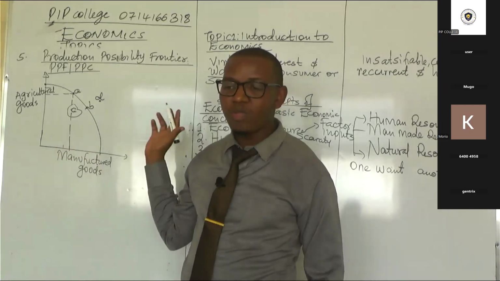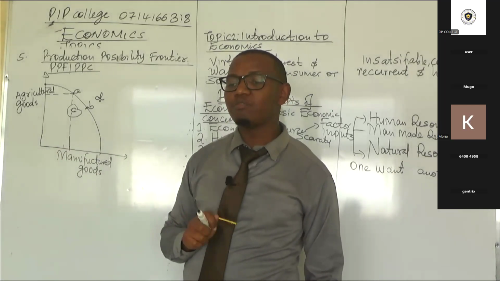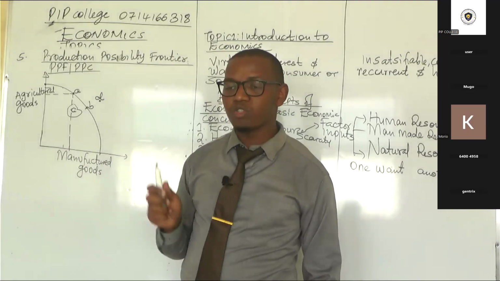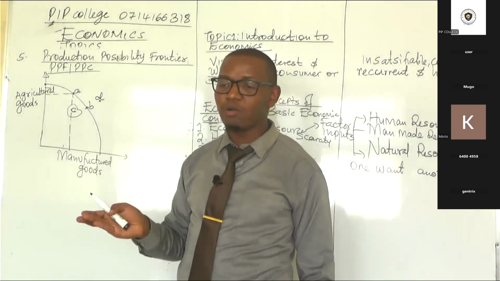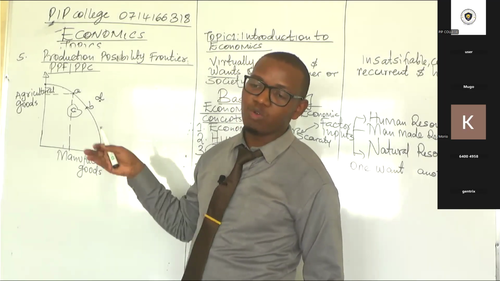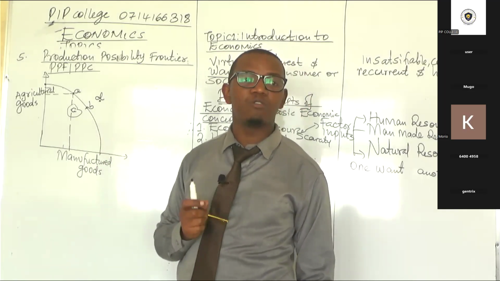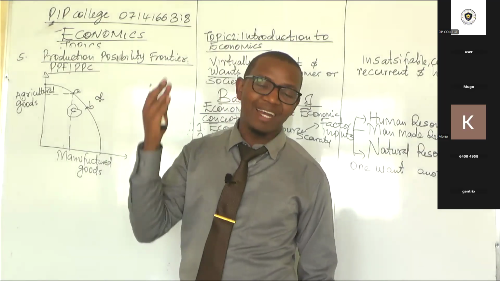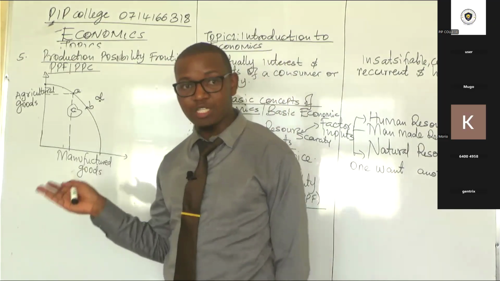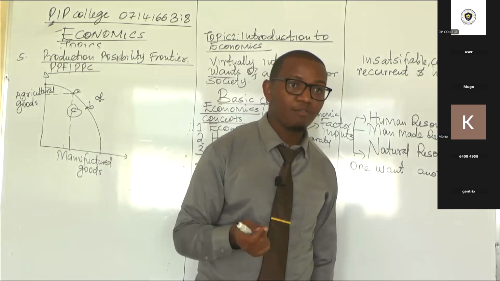And that is how we explain the concept of the production possibility curve. It's always a question that will ask you to explain the concept of the production possibility curve with the aid of a diagram, and it's always 5 marks.